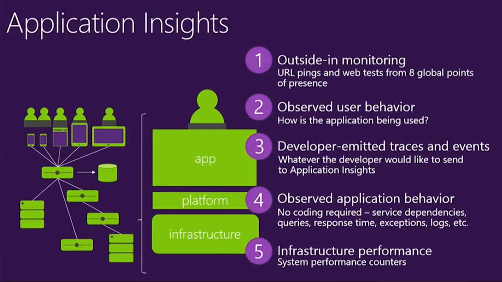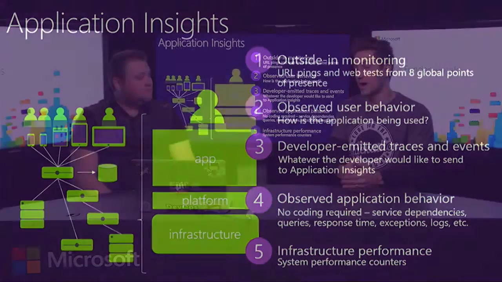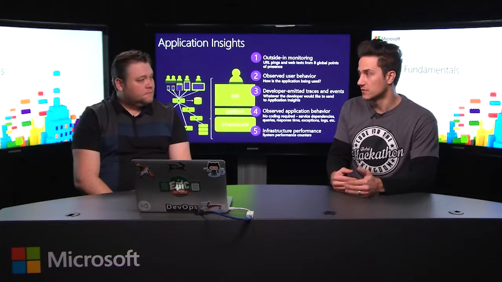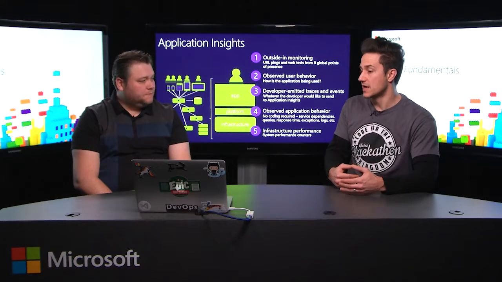For 4 and 5, App Insights also enables application behavior and infrastructure performance. To enable 4 and 5, you do have to enable the agent on the virtual machine. So 4 and 5 really are what I would call what lights up the application performance monitoring. And for that, you do have to have at least the App Insights SDK installed and the agent installed.